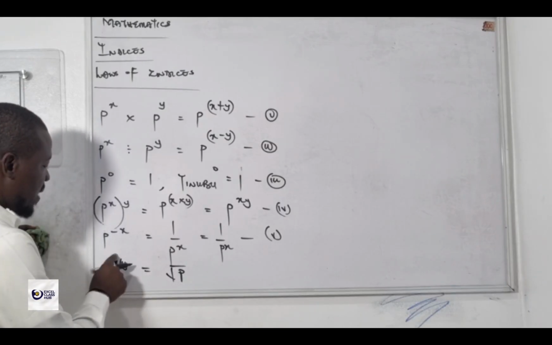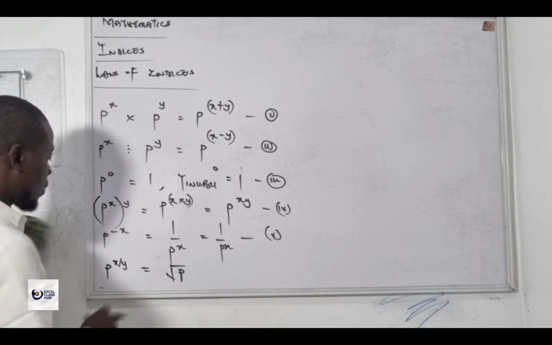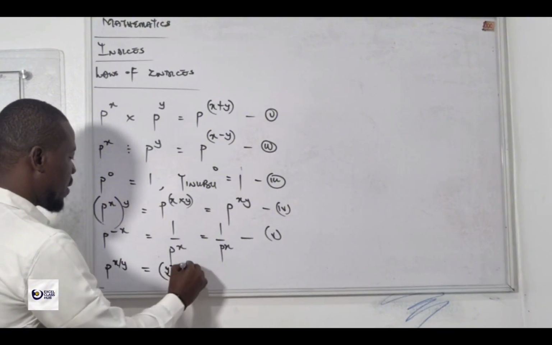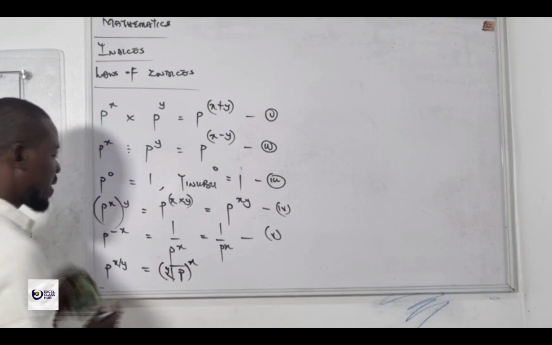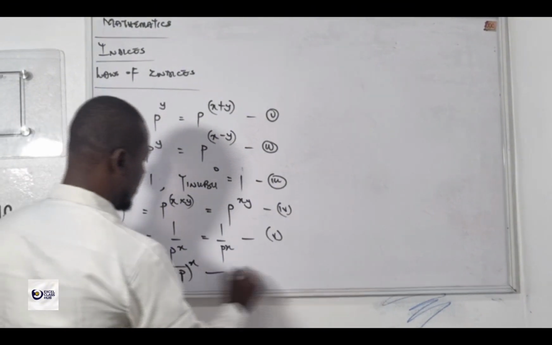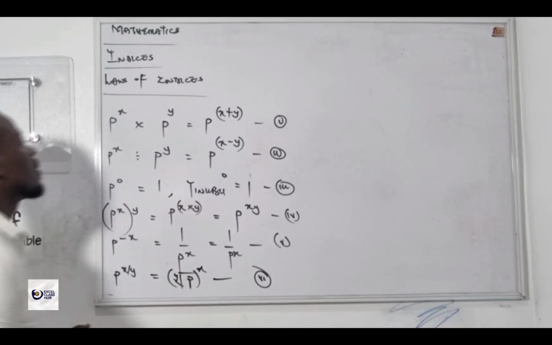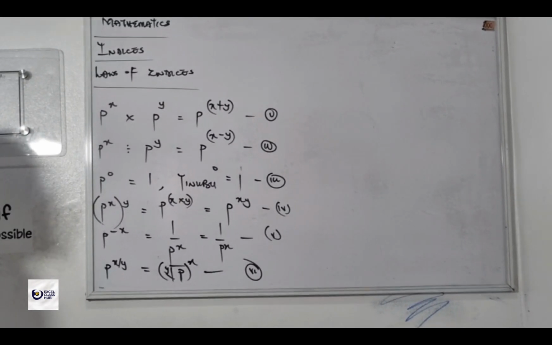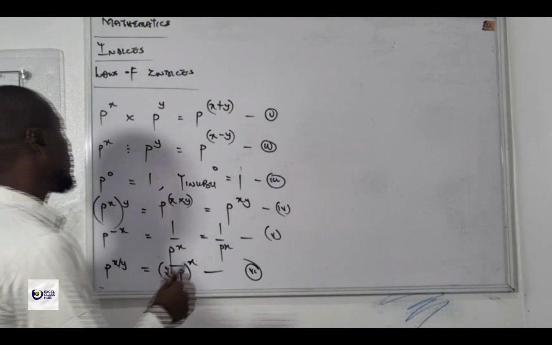You can see that this x here is the numerator, while this y is the denominator. I'll place the denominator here, which is y. You close the bracket and you put your x outside. So this is law 6. So let's take these laws of indices and use them to solve some questions.